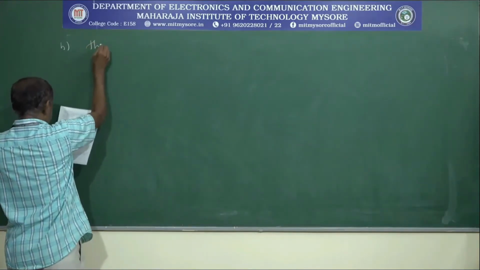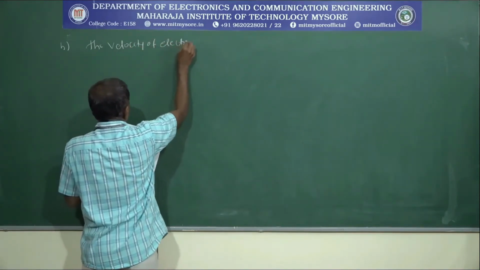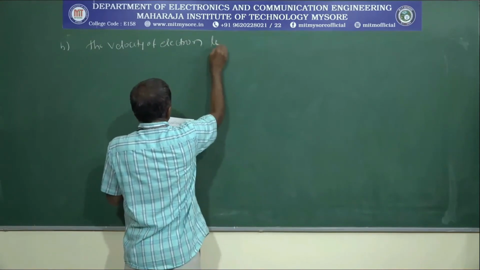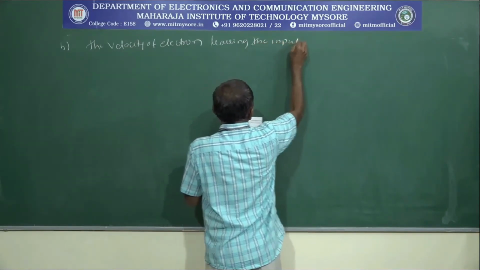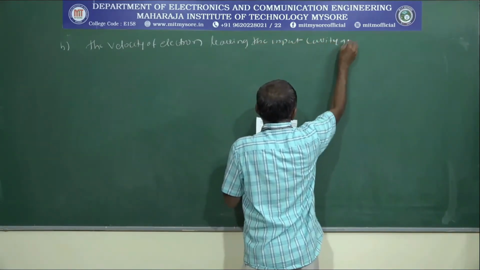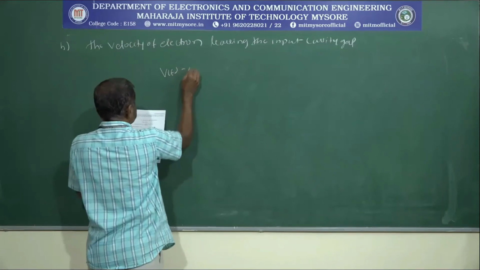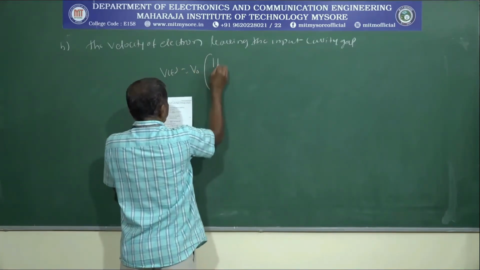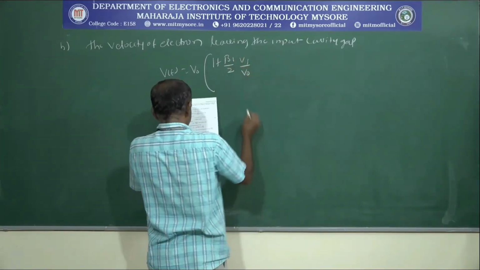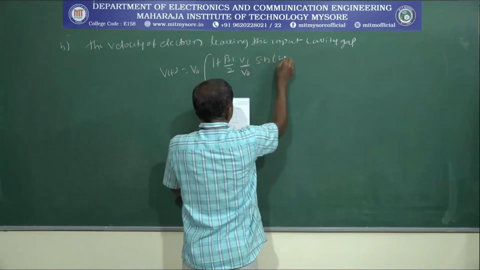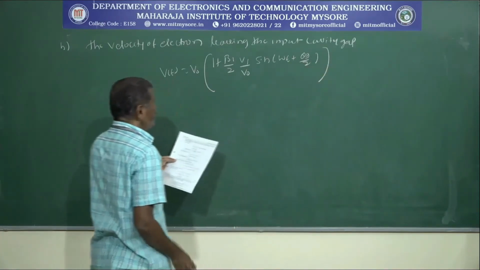Next parameter is the velocity of electron leaving the input cavity gap. So this is equal to V of t is equal to V0 into 1 plus beta 1 V1 divided by 2 V0 into sine of omega t plus theta g divided by 2.